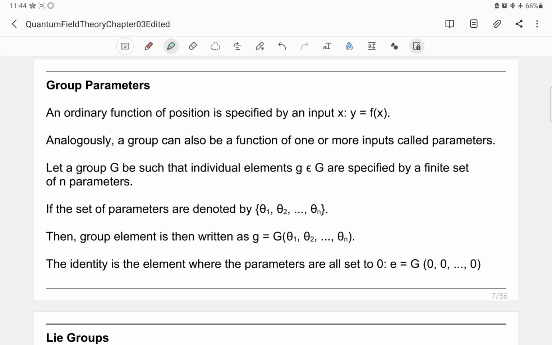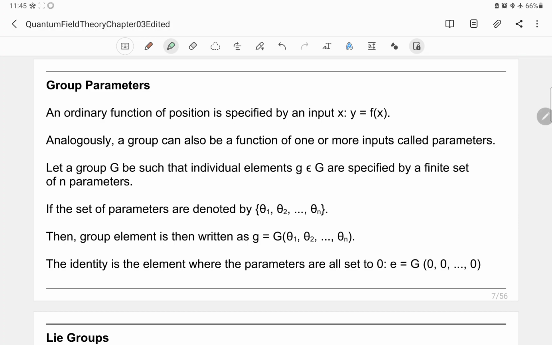If the set of parameters is denoted by theta 1, theta 2 up to theta n, then the group element is written as g equal to g of theta 1, theta 2 until theta n. And also in this case, the identity element is where the parameters are all set to 0.